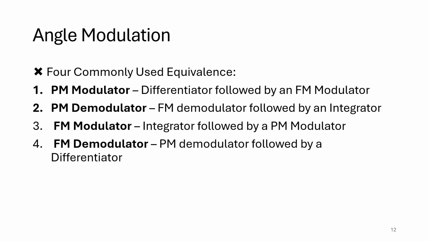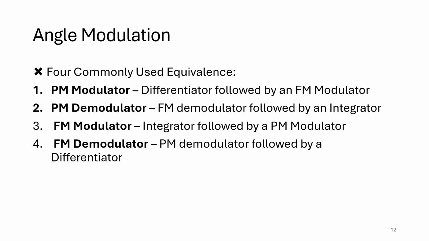Okay, so to give you an overview, or to visualize what I am saying, we have here 4 commonly used equivalents. This is a PM modulator. So what is a PM modulator? A PM modulator is simply a differentiator followed by an FM modulator. We have a differentiator circuit and an integrator circuit that we have discussed in our op-amp application.